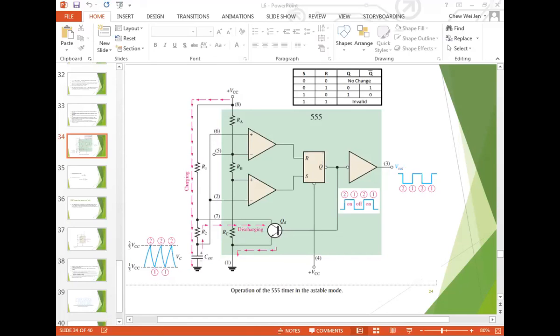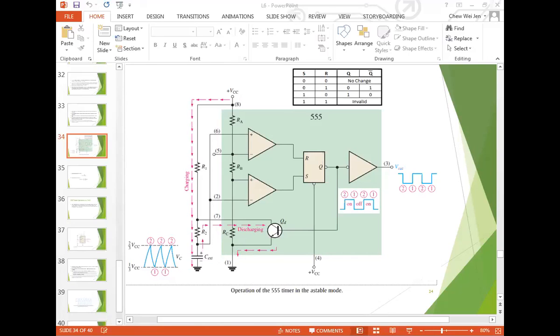How long it takes to charge or discharge is related to the time constant, RC. RC does not equal 100% charge. I think at RC you only get around 63%. That means one time constant charges up to 63%. Usually after 5 time constants, you're almost at 100% charge.